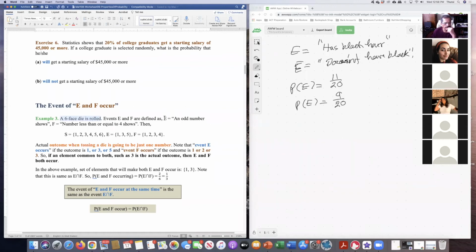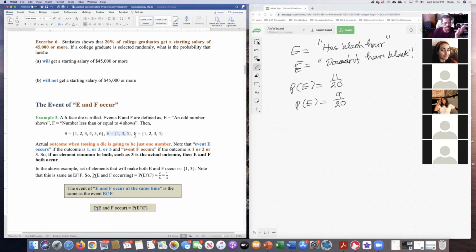E and F are defined as: E, an odd number shows; F, a number less than or equal to 4 shows. Those are the events defined in words. So the sample space is 1, 2, 3, 4, 5, 6. Event E is 1, 3, 5, the odd numbers. Event F is a number less than or equal to 4, so that'll be 1, 2, 3, 4.